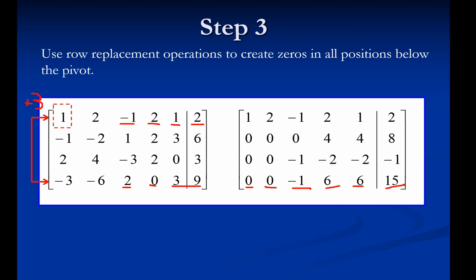So the fourth row becomes the result when I take 3 times the first row and add it to the original fourth row. That's how I get the new fourth row. Okay, and we've made good progress here, right? So we didn't just get zeros below the pivot, we also ended up with zeros in this second column as well.